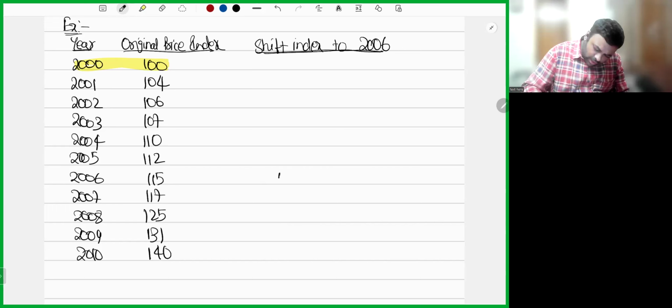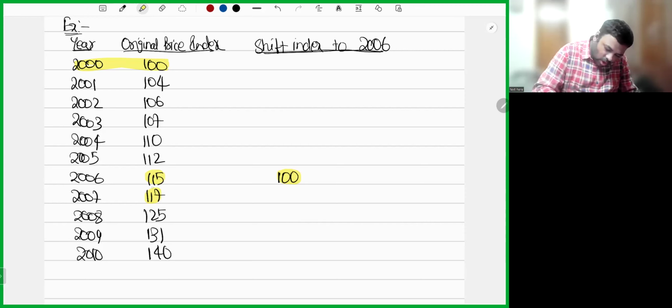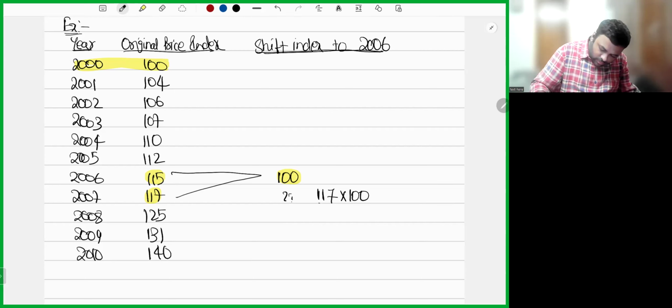So here in 2006, the index number starts with 100. Now see how the base shifting happens. When it is 115, it is 100. If it is 117, how much will it be? Cross multiplication you will do: 117 into 100 whole divided by 115.